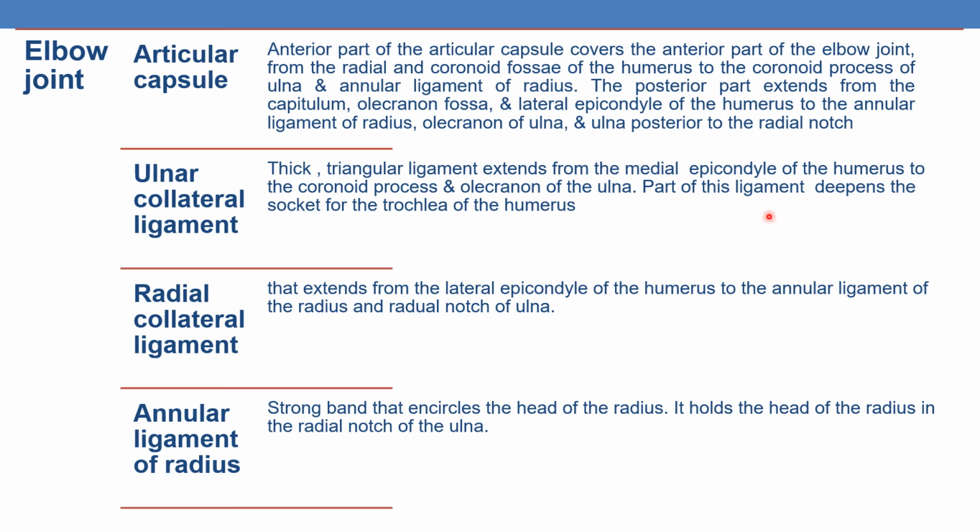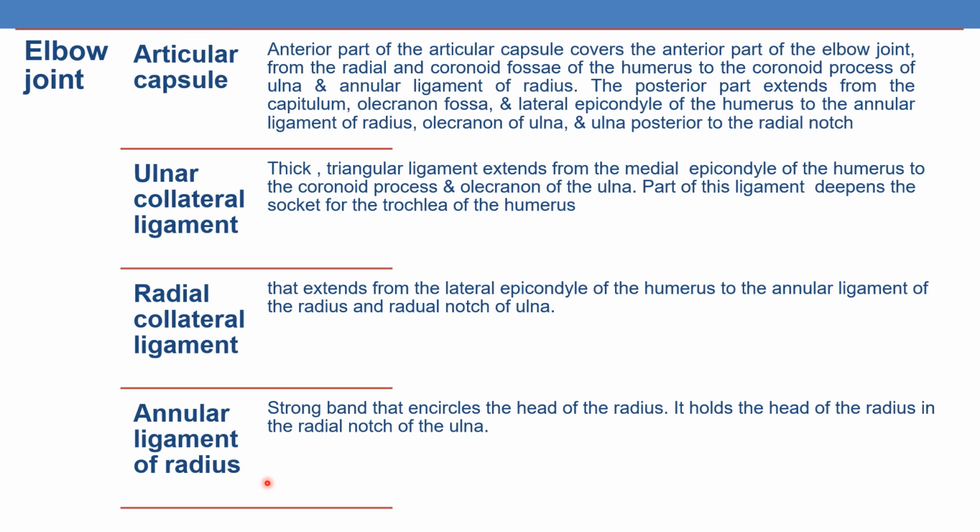Part of this ligament deepens the socket for trochlea of the humerus. The next is radial collateral ligament. Ulnar collateral ligament extends from medial epicondyle, whereas the radial collateral ligament extends from the lateral epicondyle of the humerus to the annular ligament of the radius and radial notch of ulna.